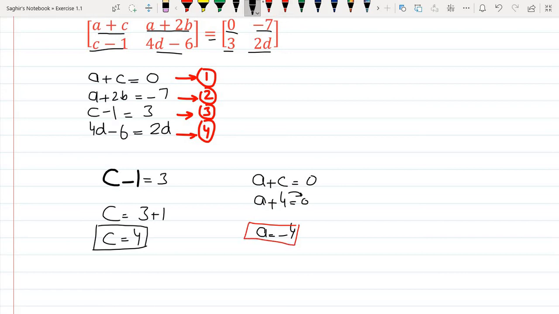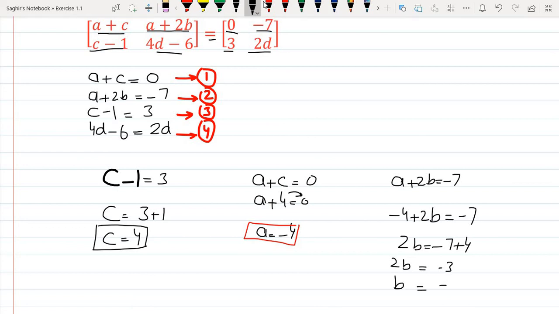Now from equation 2 we can find the value of B because the value of A is known. So equation number 2 is A plus 2B is equal to -7. The value of A is -4, so -4 plus 2B is equal to -7. 2B is equal to -7 plus 4. 2B is equal to -3.